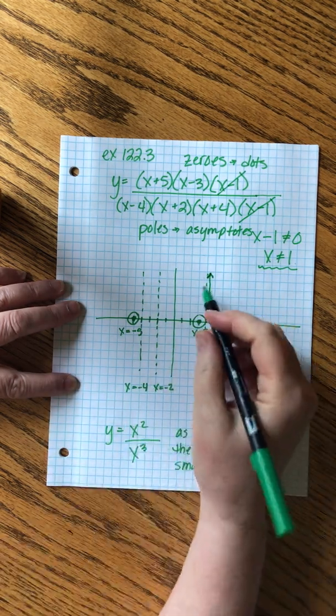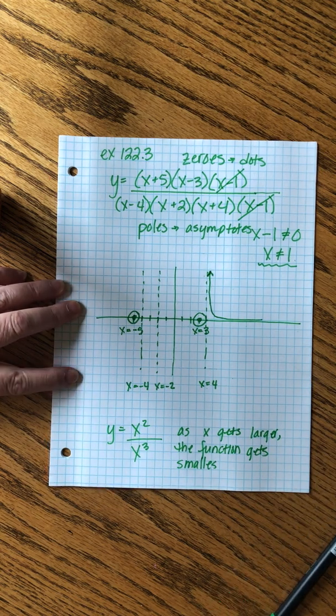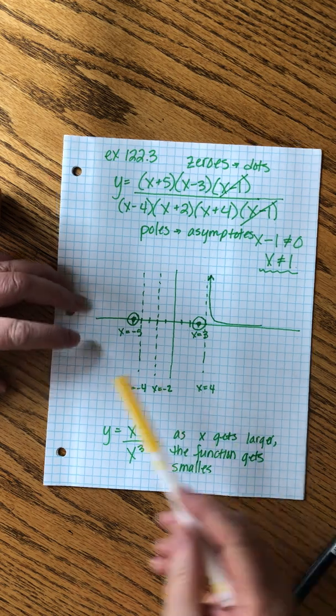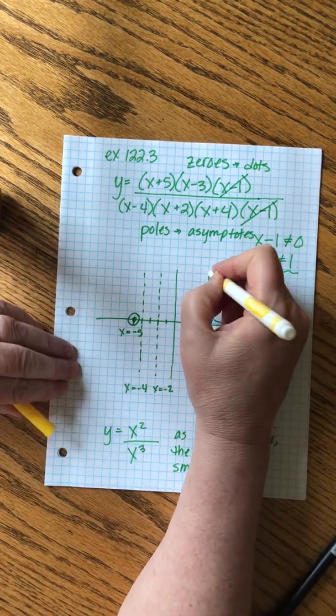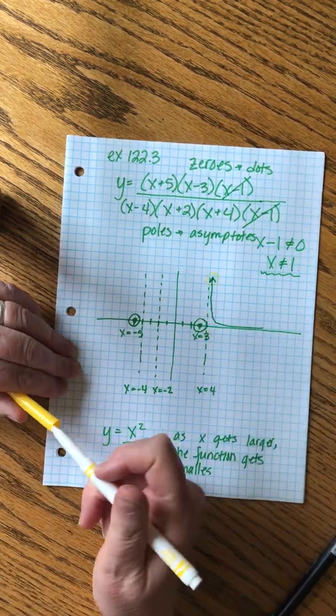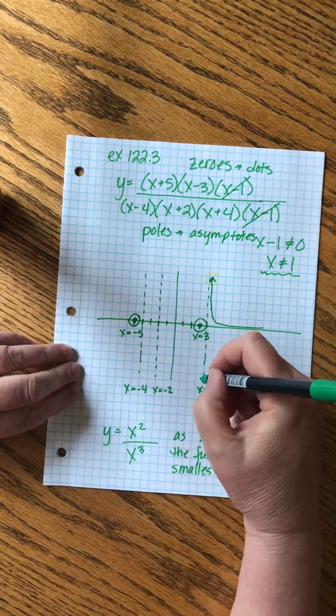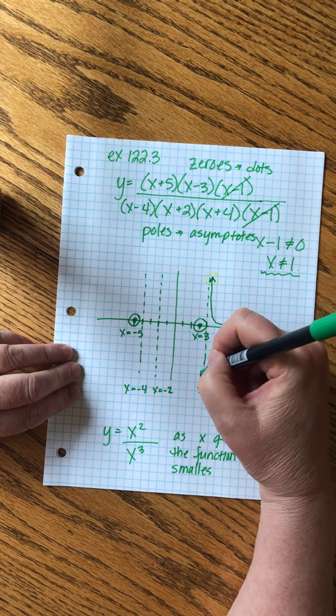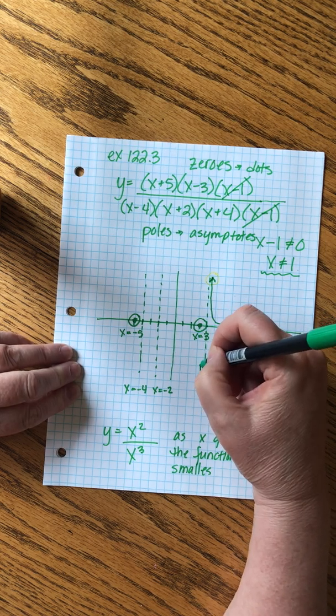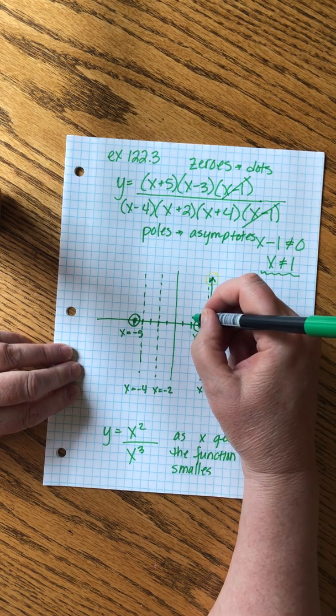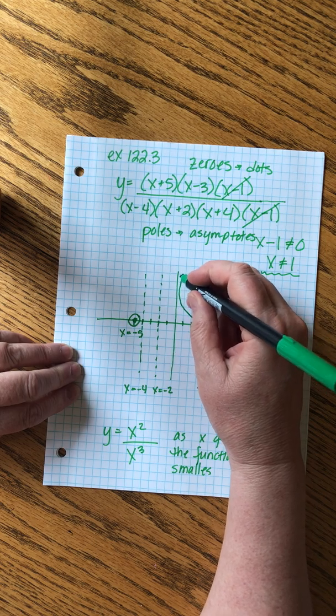Okay? Now we're ready to start that process of tracing the loops back, right? So we went out on this side of the asymptote out the top. So this one will come in the bottom. And we do have a place to cross here. So this will come up and then it will go over like so.